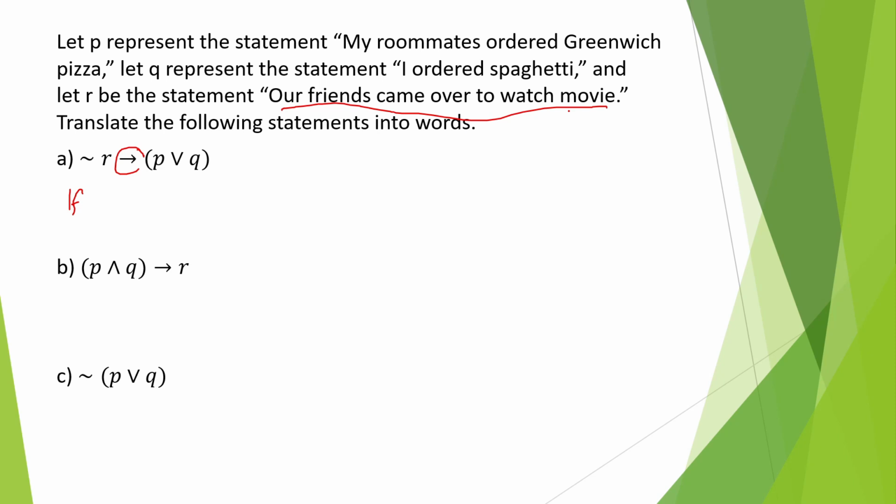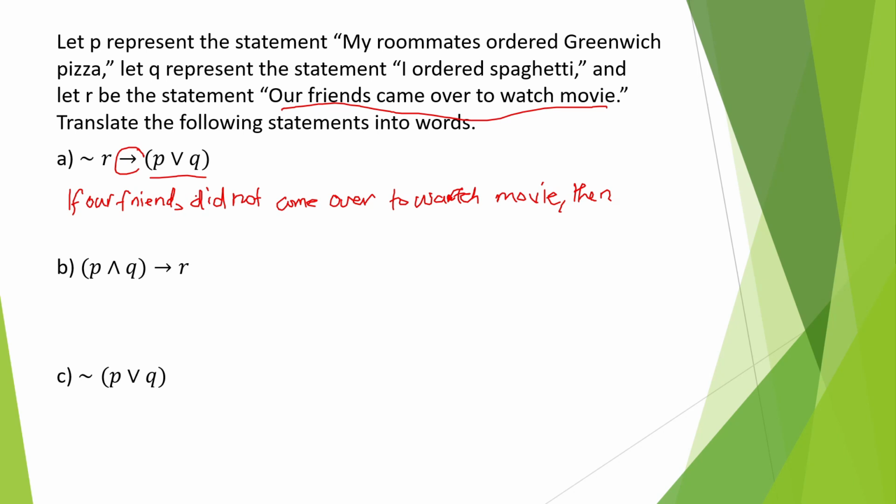Okay, so if our friends did not, because this is negation, did not come over to watch movie, and this one is a conditional statement, then group here, P. What is our P?